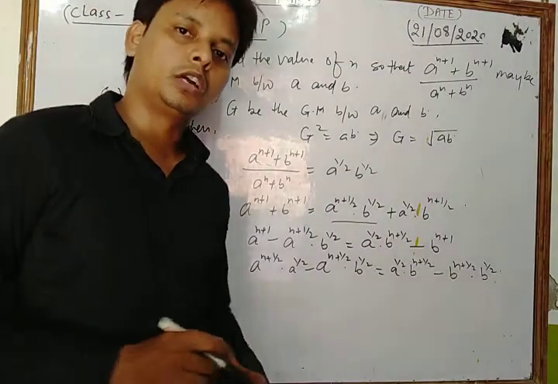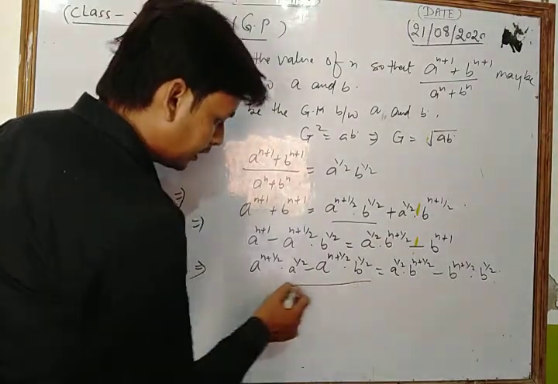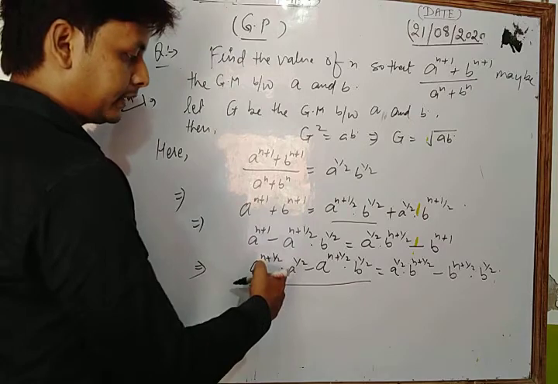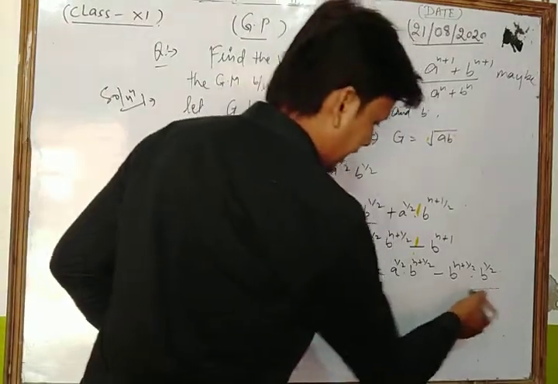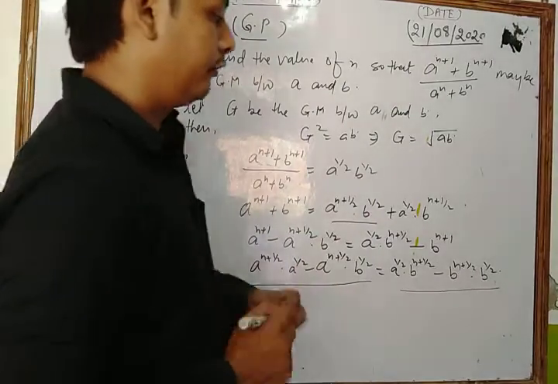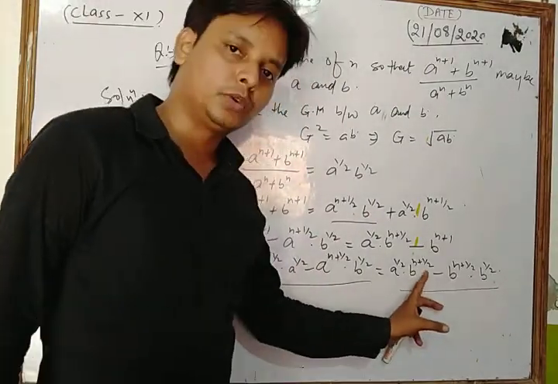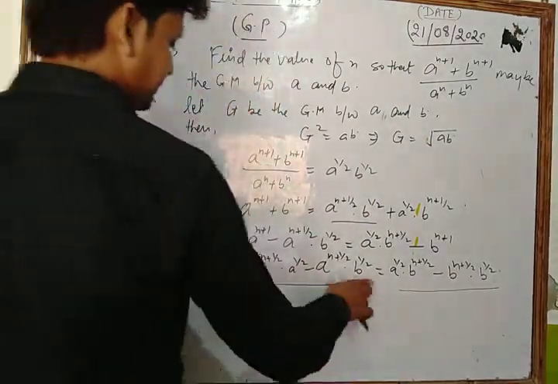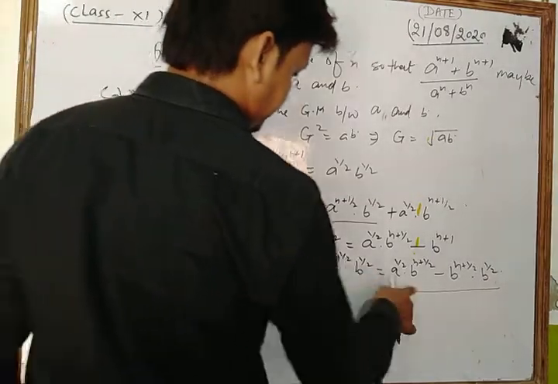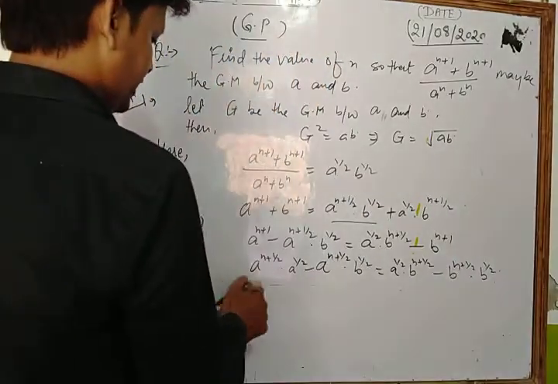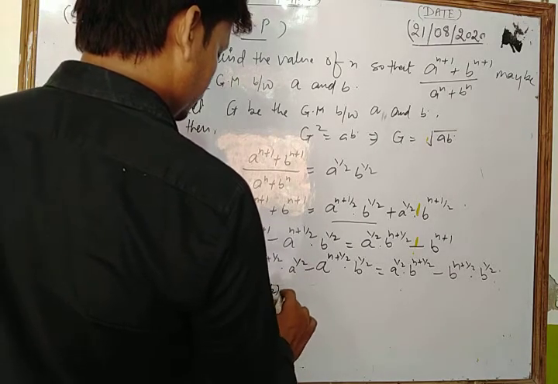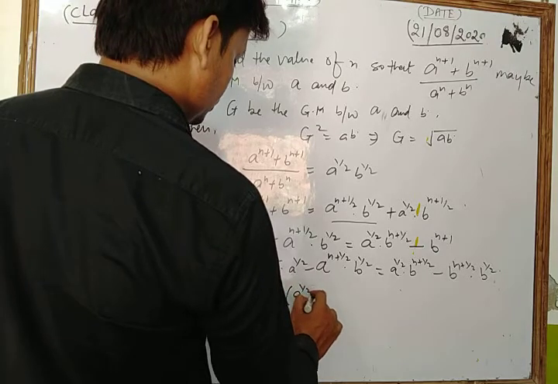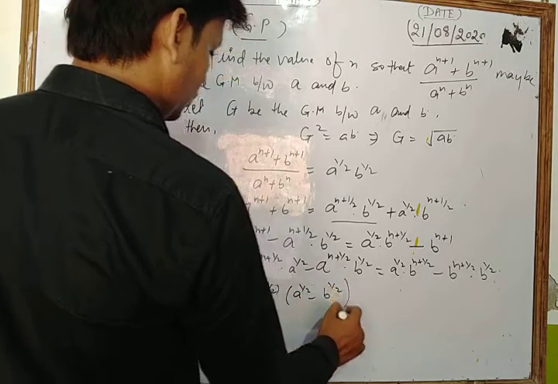Now what we do, dear students, in that part we take A to the power n plus 1 by 2 as common, and in those two parts we take B to the power n plus 1 by 2 as common. So if we take A to the power n plus 1 by 2 as common, we have A to the power 1 by 2 minus B to the power 1 by 2.